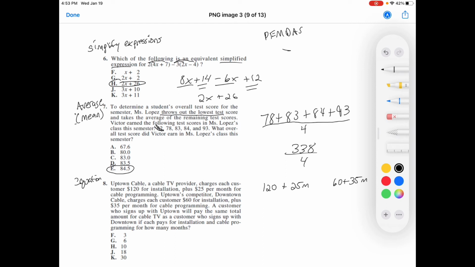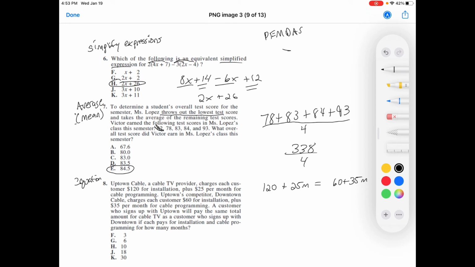A customer who signs up with Uptown will pay the same total amount for cable TV as a customer who signs up with Downtown if each pays for installation and cable programming for how many months. And so let's figure out what would make these two equations equal. We're solving for M, the number of months.